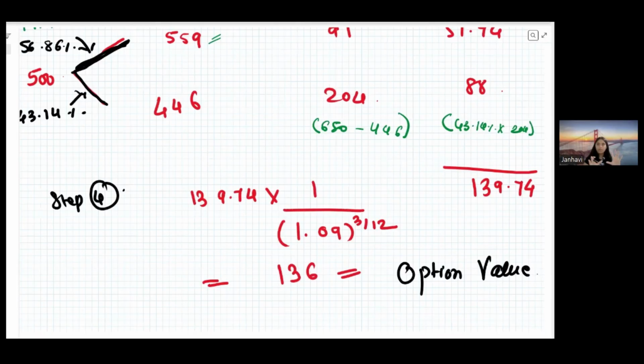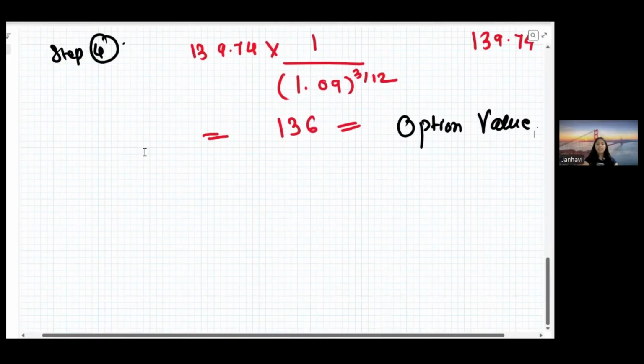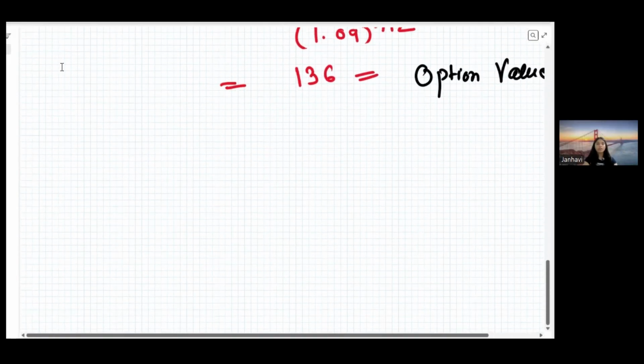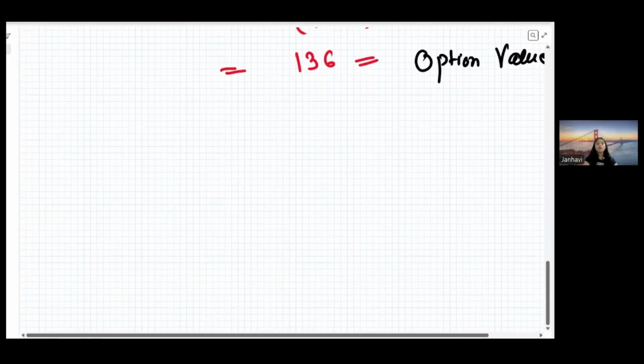Now let's do this same sum for a long call position, so that you understand how for the put position it is different and how for the long position it is different when our strike price is greater than the spot price. And we always know that this situation, the bearish market, is always profitable for long put investors.